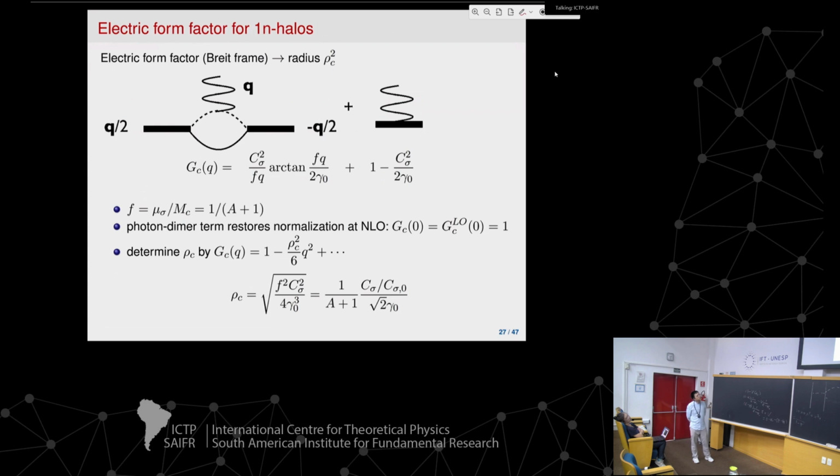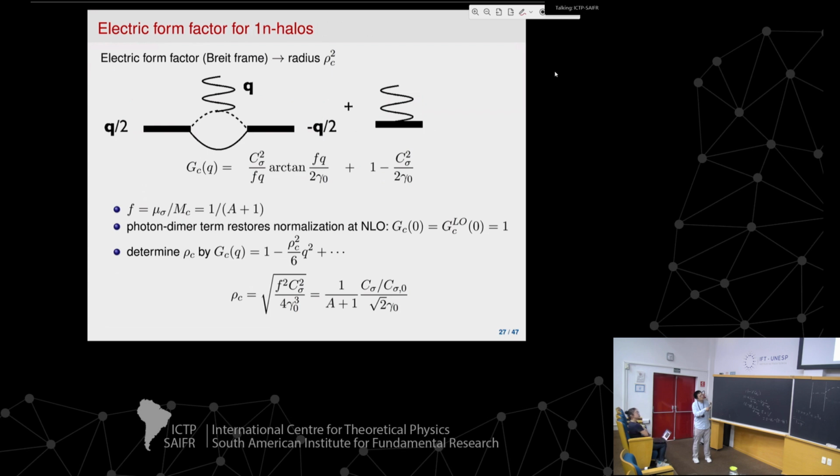But if you go to next to leading order, it will change the A and C parameters, and you also need to add an additional term as the photon couples to the dimer field itself. So if you look at this first term, C sigma, which is the A and C at leading order, is actually just equal to 2 times gamma.